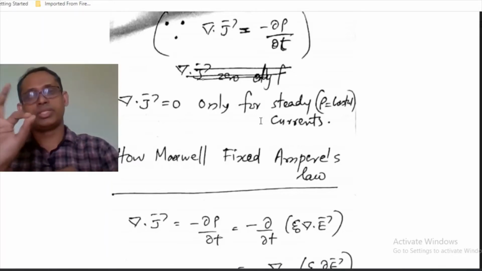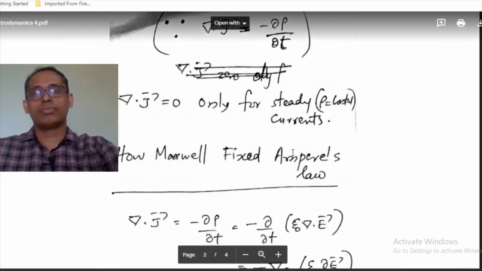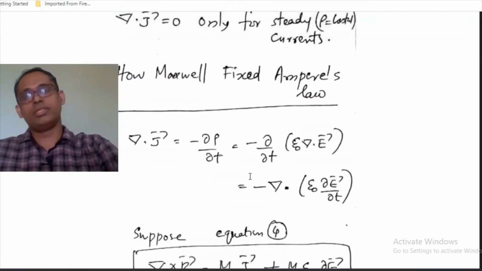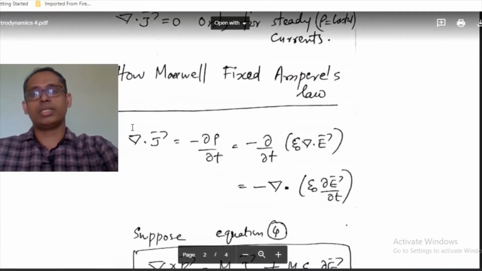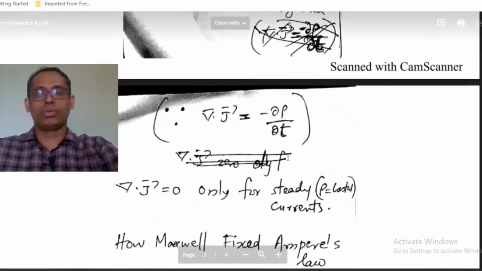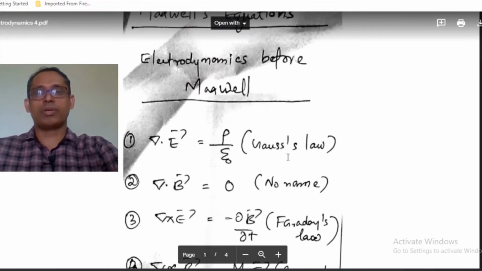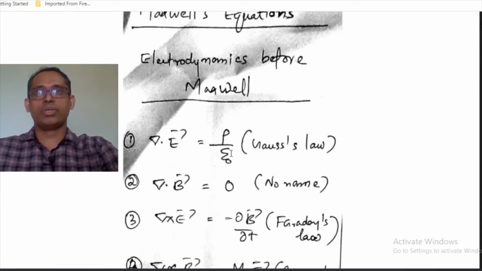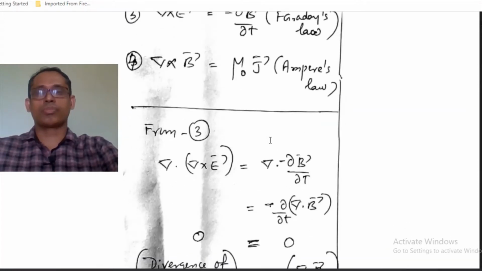Maxwell fixed this problem. For that, what he did was, he knows del dot J equal to minus dou rho by dou t, and for rho he substitutes from equation 1. Equation 1 says del dot E is equal to rho by epsilon 0.